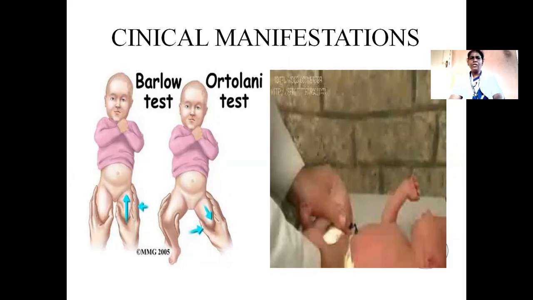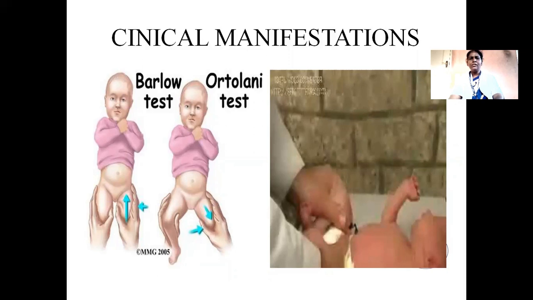One is the Barlow test. Barlow test is used to assess the developmental dysplasia of hip. The child will be in the supine position. The examiner will stabilize the hip with their hands. The middle finger of one hand will be at the back of the baby, at the greater trochanter of the hip.